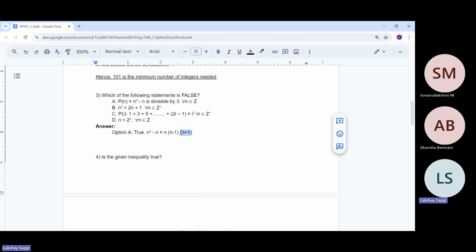And exactly one will be divisible, not more than one, because two consecutive multiples of k will have a separation of at least k between them. I hope everyone is able to follow what I'm trying to say here.